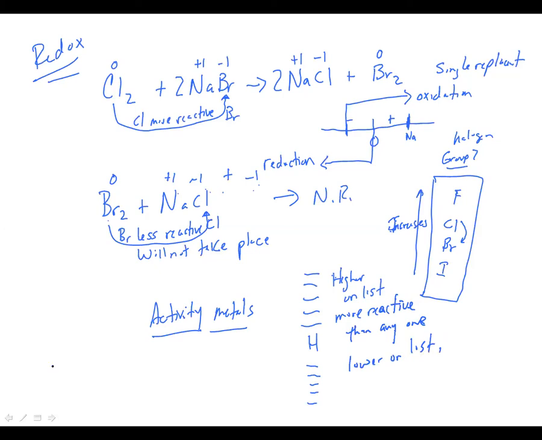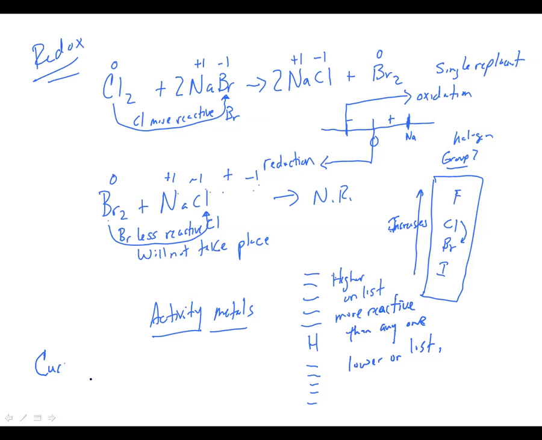So if we go back to, say, copper, for example, solid copper plus our hydrochloric acid like we saw before. If we were to look on this list, we would find copper lower than hydrogen, which means it's less reactive, which means when it tries to come in and kick out hydrogen, it will not happen and we'll get no reaction in this case.